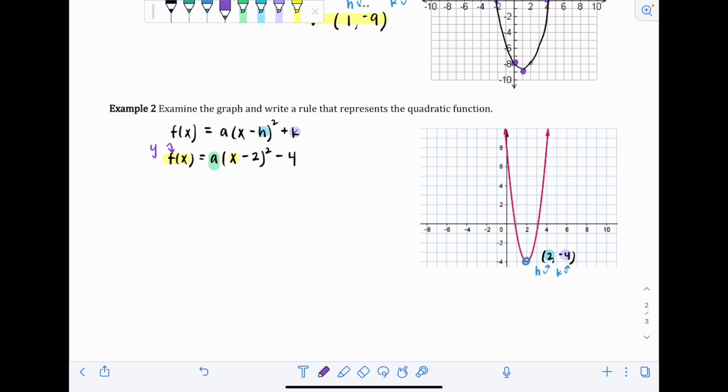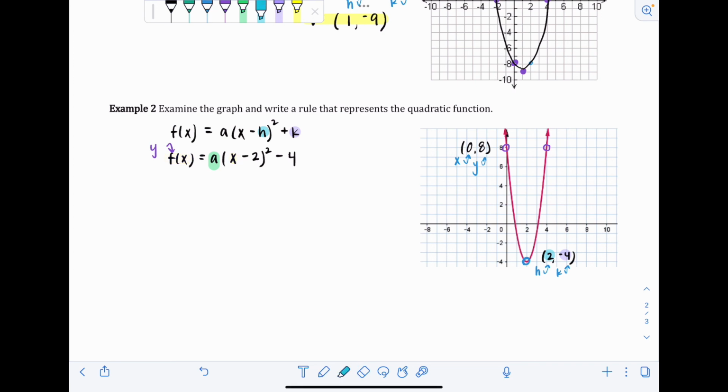It looks like the only other point that looks pretty exact is the y-intercept, so 0, 8, or 4, 8 we could use. I'm going to use the y-intercept, which is 0, 8, but it doesn't have to be a y-intercept. It could be any point that we know is on the graph for sure. So I'm going to take those two, 0 and 8, and put them in for x and for y, or f of x.